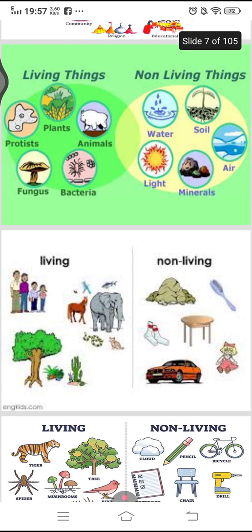Now again observe the living things. Living things help us to make some man-made things or non-living things. For example, animals provide us skin, or we can say leather, and we make different things. Soil provides us rocks and sand, and we make different things.